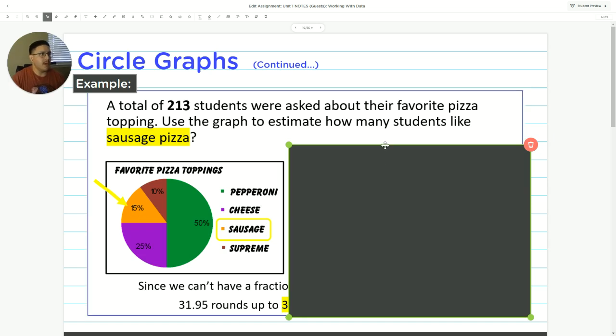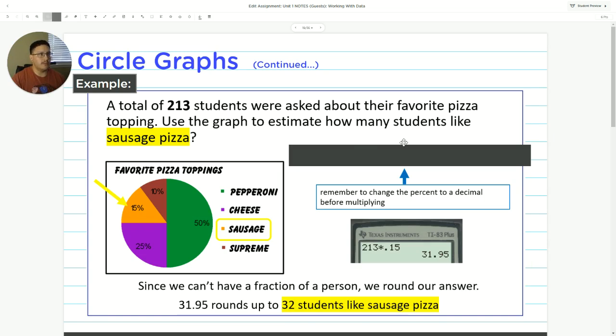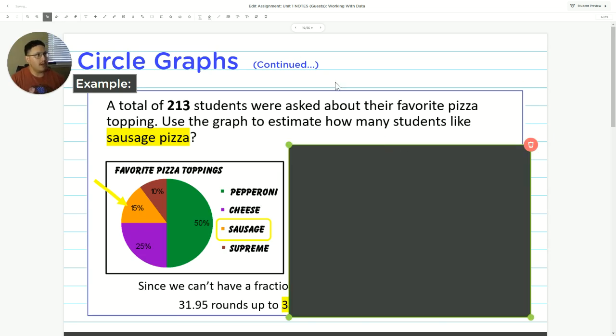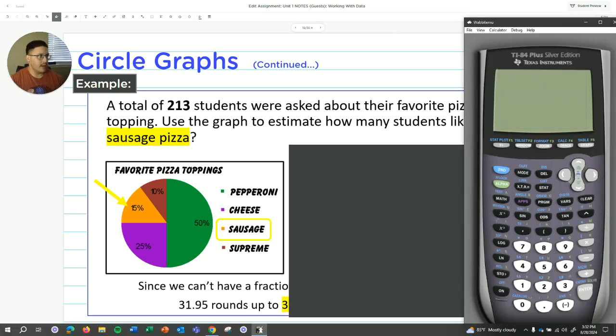Now, what do we do with that 15%? Well, we have to change it to its decimal form. You can divide 15 divided by 100 to get its decimal form.